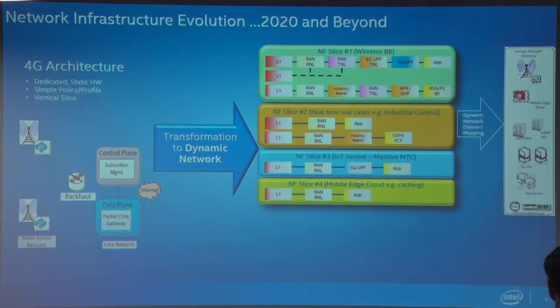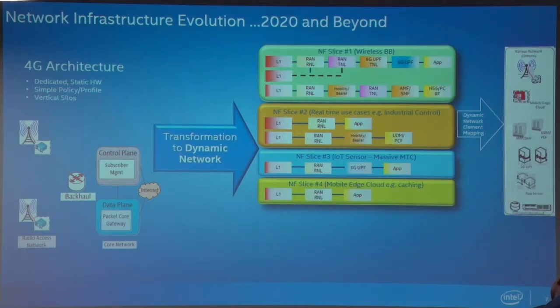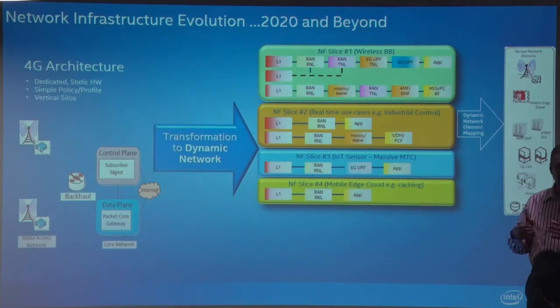So that is a problem that can be solved using a concept called network slicing. You can build different slices based on the usage or based on the type of devices that will get connected to that particular slice. And you should be able to cater to those services or those slices differently.